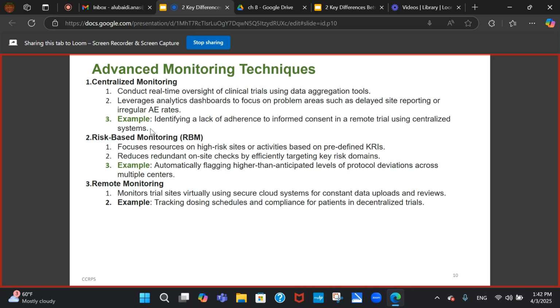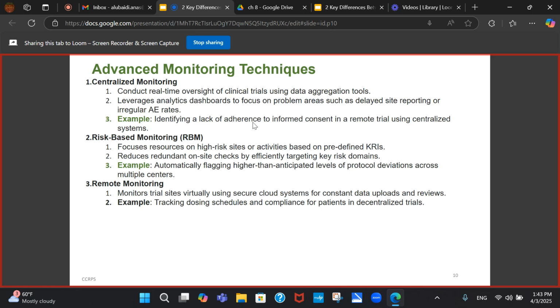And a simple example for the centralized monitoring: identifying a lack of adherence to informed consent in a remote trial using centralized systems. So a modified, up-to-date, enhanced, advanced centralized system is being used to identify issues.